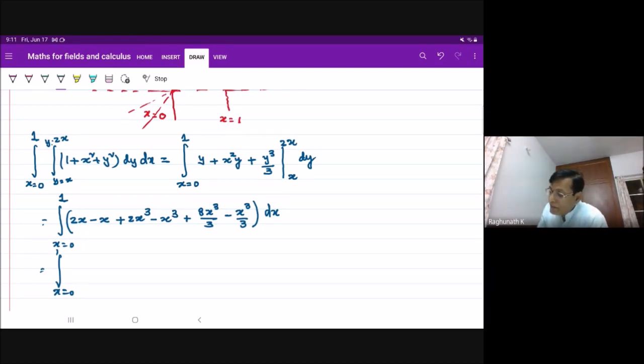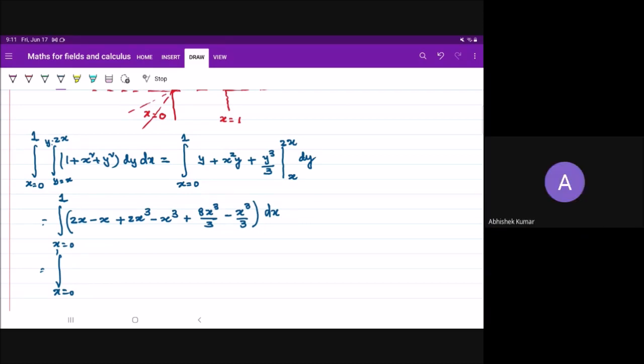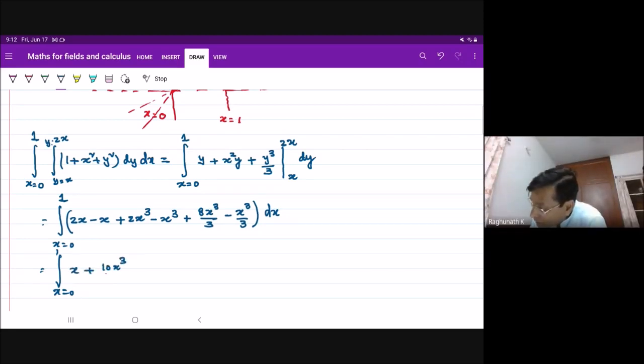Check quickly. x plus 10x cubed by 3. 2x minus x is x, and then 10x cubed by 3 dx is x square by 2 plus 10x power 4 by 12 from 0 to 1.